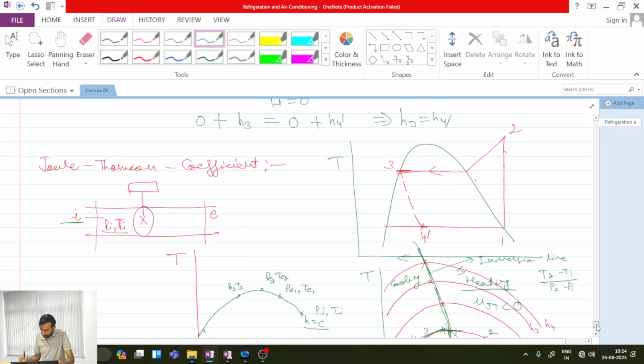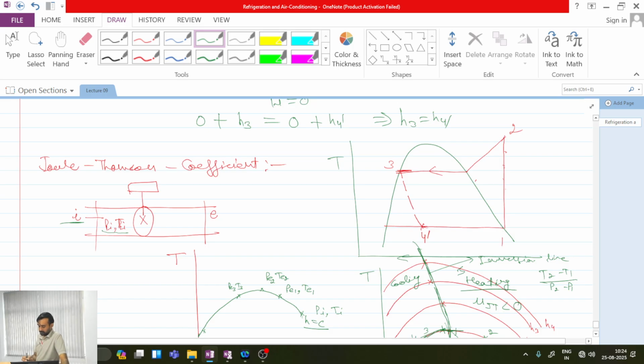Now, you can see this is your new cycle after removing the turbine. Okay, all are clear with this point? So this is our standard single stage saturation vapor compression cycle, the triple S cycle.